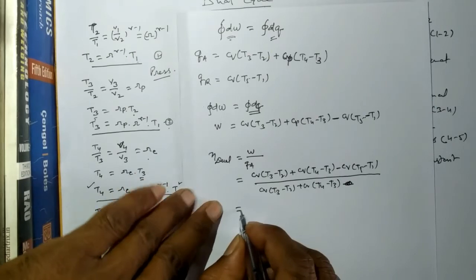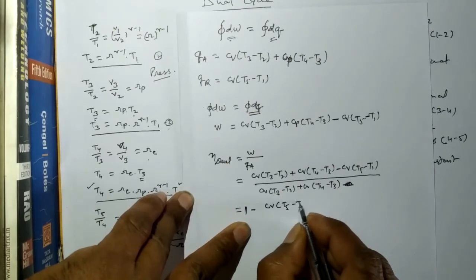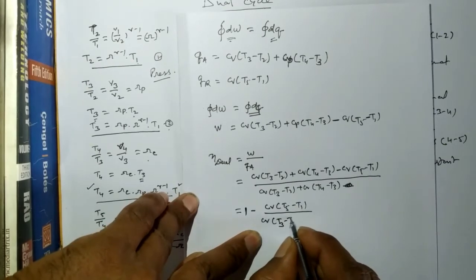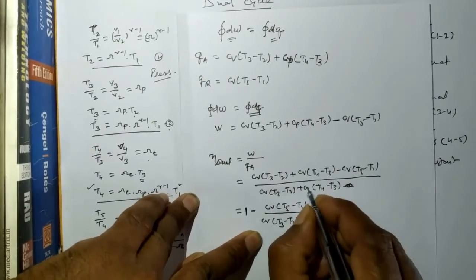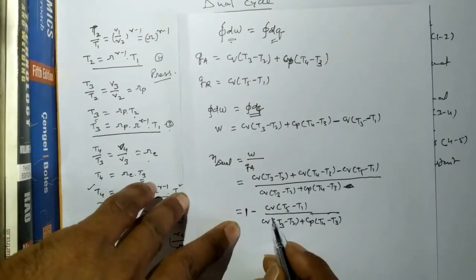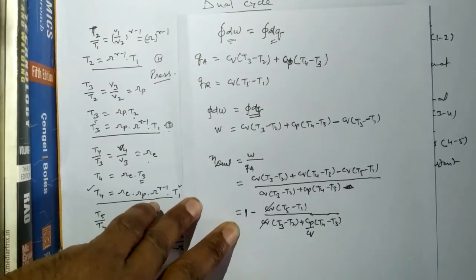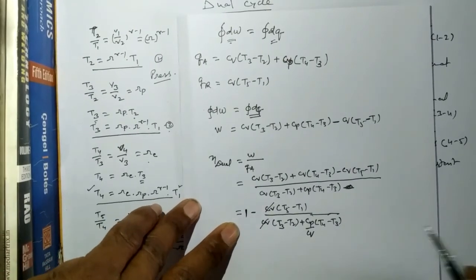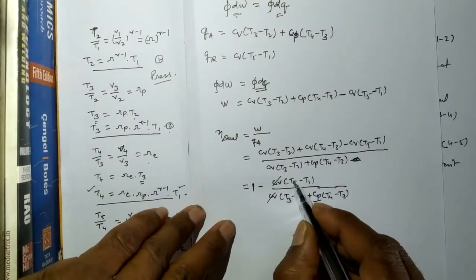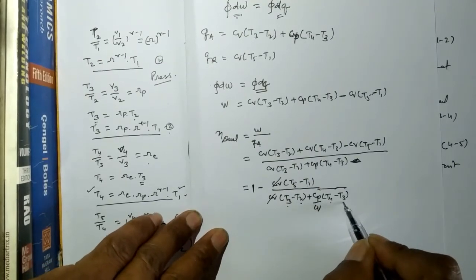That equals 1 minus Cv (T5 minus T1) by Cv (T3 minus T2) plus Cp (T4 minus T3). By dividing by Cv, Cp by Cv is known as gamma, and we can write all the values of temperature like T5, T1, T3, T2, T4 and T3. What will we get?